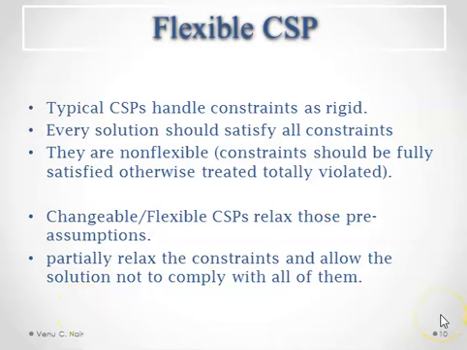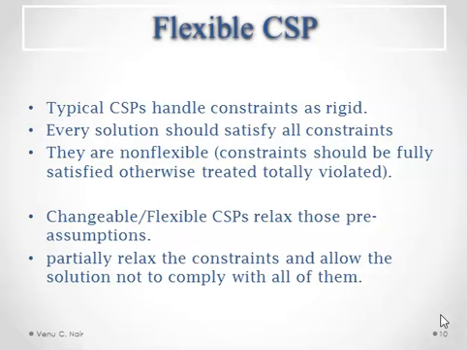Let us continue with the constraint satisfaction problem. Another type of CSP is flexible CSP. We have seen that the primary CSPs, or the ordinary CSPs, handle the constraints as rigid.